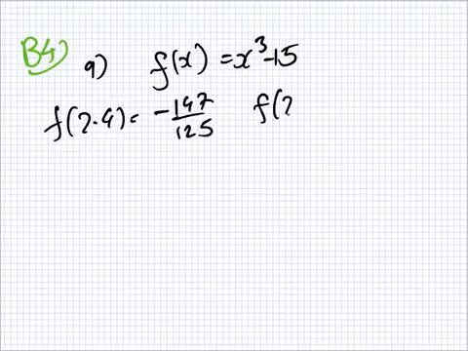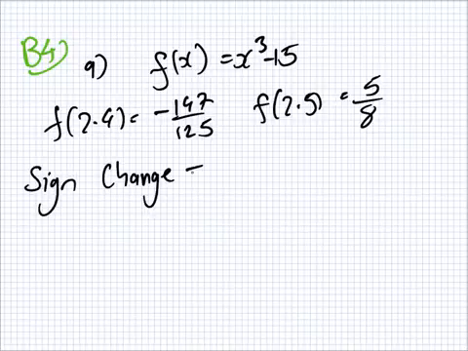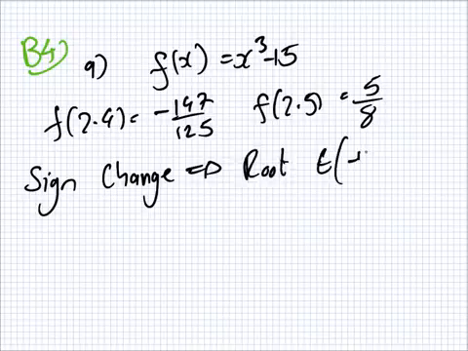And f of 2.5 is equal to 5 over 8. Sign change. That implies there's a root between minus 147 over 125 and 5 over 8.